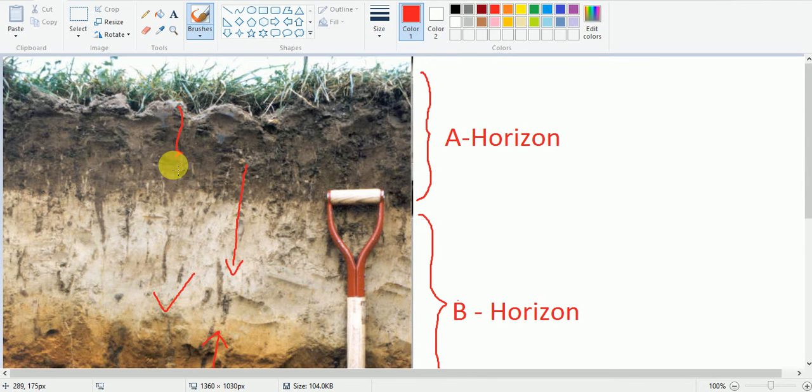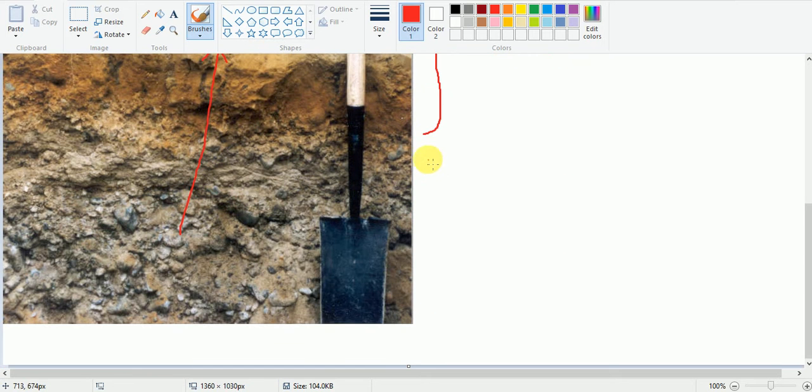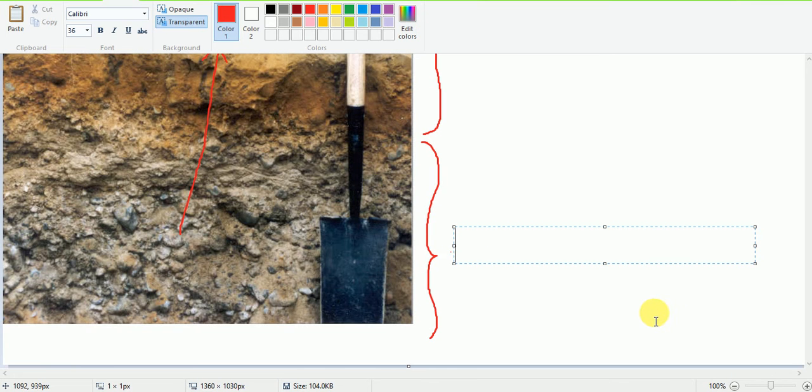Remember, this is in between. A horizon is here, and the last one we have is C horizon. So let us read.